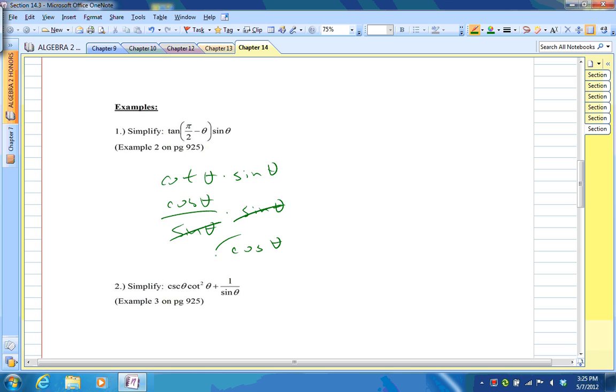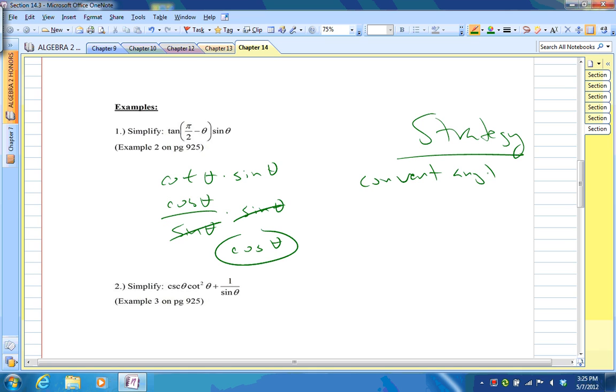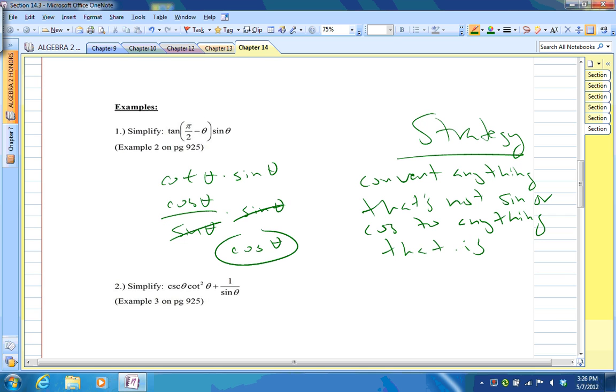So the answer is just cosine theta. So the strategy is to convert anything that's not sine or cosine to anything that is.